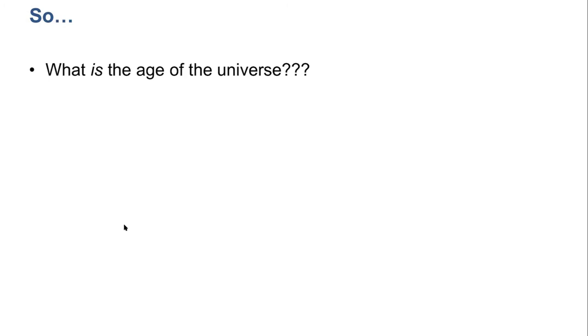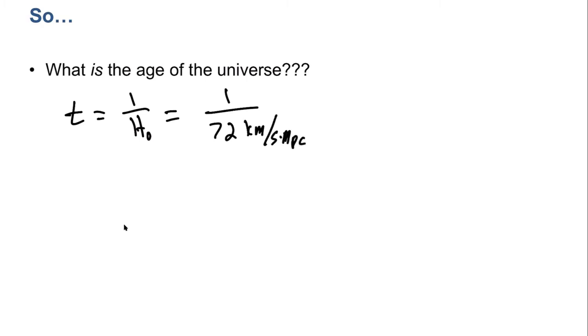T equals 1 over H naught. Well, what's H naught? We said it was about 72 kilometers per second per megaparsec. Great. This isn't a terribly useful unit, but I can still do some equations and calculations with this.